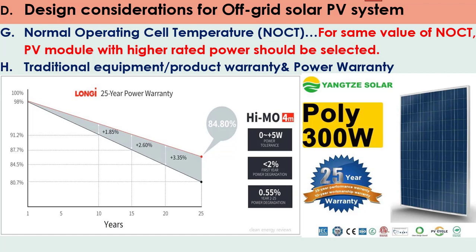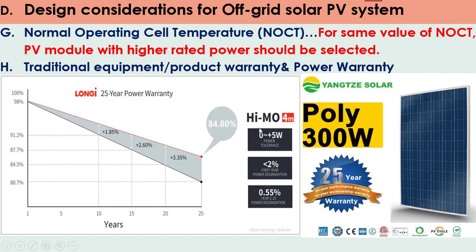Okay, another type of criteria is the traditional equipment and product warranty and power warranty. If we look at this diagram, it represents the years of operation of modules.